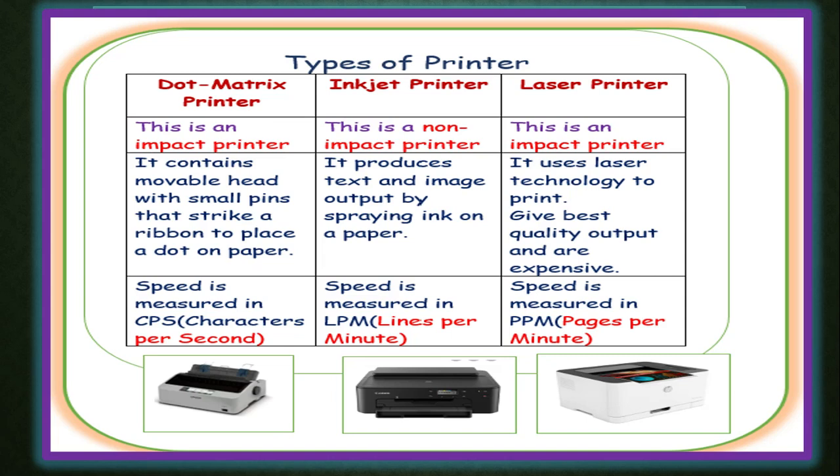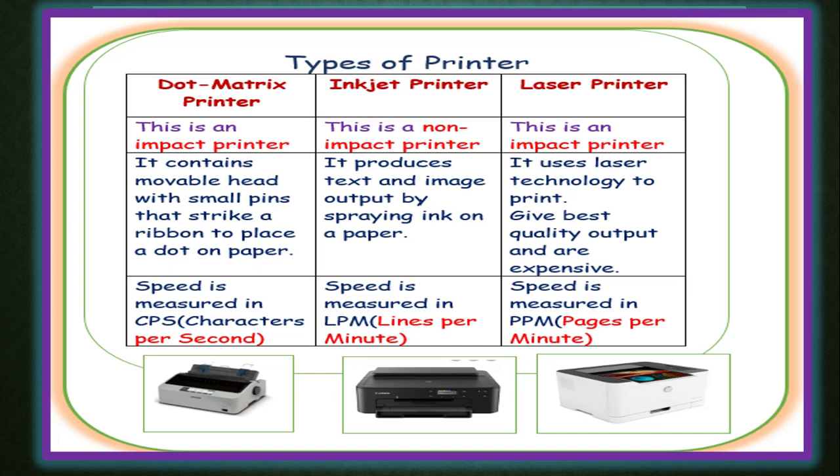Next is the laser printer. A laser printer is again an impact printer. It uses laser technology to print. It gives best quality output and is expensive. So this is a newer type of printer, and it uses laser technology to print any image or any text on paper.